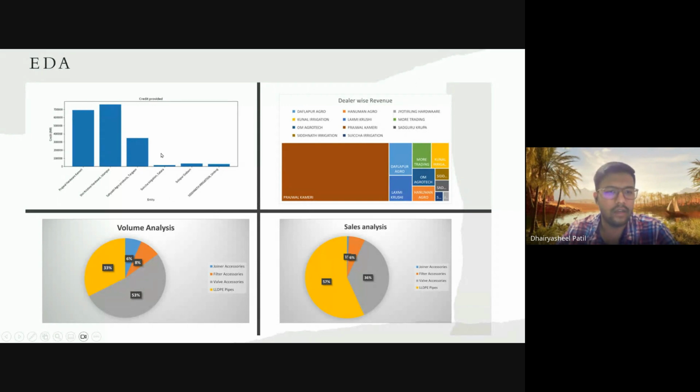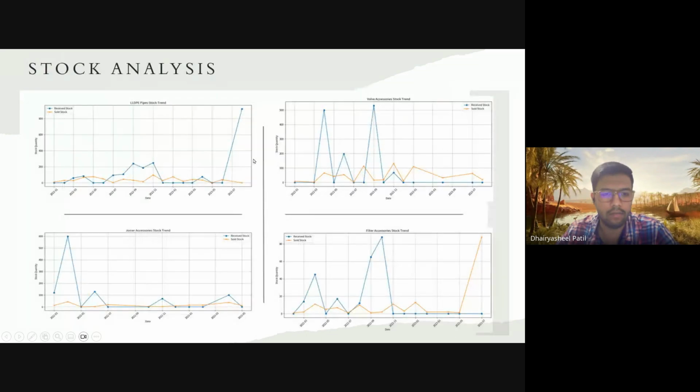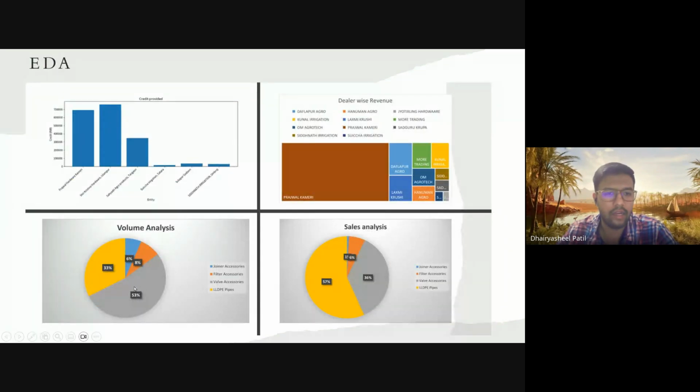We analyzed all the credits and the risk they came with, and how much revenue each dealer was providing. As you can see, even though Dafrapur is in second position, they don't owe much money. And then we did a volume analysis.